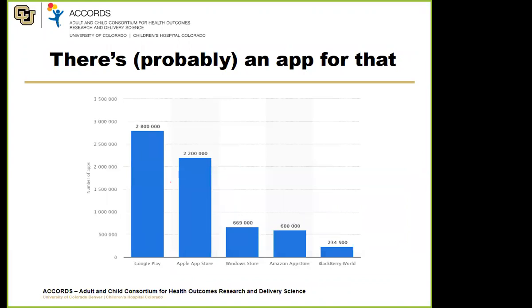Then a significant drop down to Windows with almost 670,000. Then Amazon, a fairly new entry into the field with its own app store, and 600,000. And then finally, hanging on at the end, the system that refuses to die is BlackBerry with just under 250,000 things still available in their store.